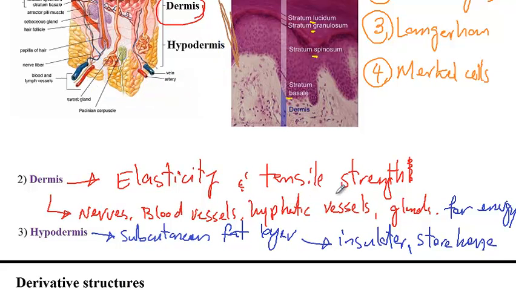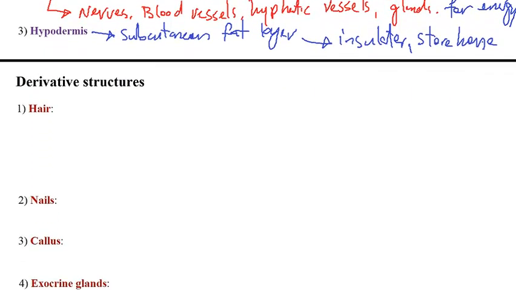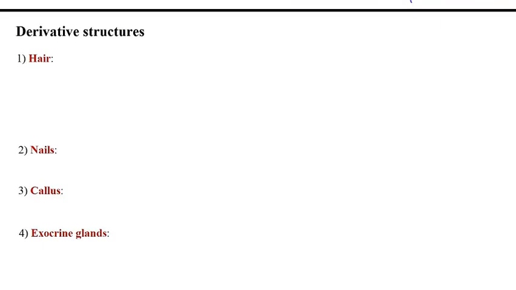Now, the last topic to discuss here is derivative structures of the skin. So which structures arise from the skin, and these include hair, the primary function of which is to provide physical protection. Like for instance, think of the hair that is on our head and helps us protect our brain from injuries.